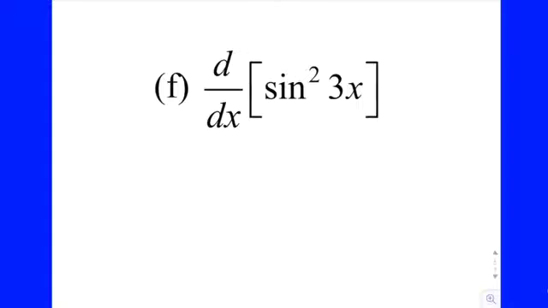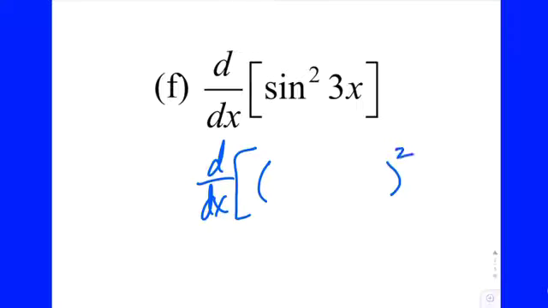Sine squared of 3x. How many layers do you see there? Kind of hard to see layers here because this is by nature a condensed version of a function. It's good for traveling with, not really good for using. So let's go ahead and write it in expanded form.